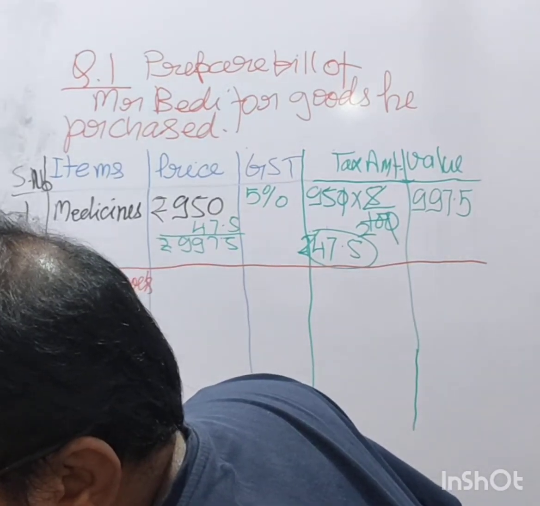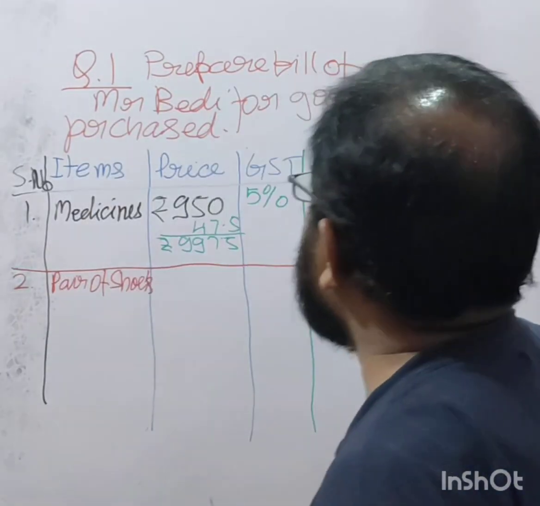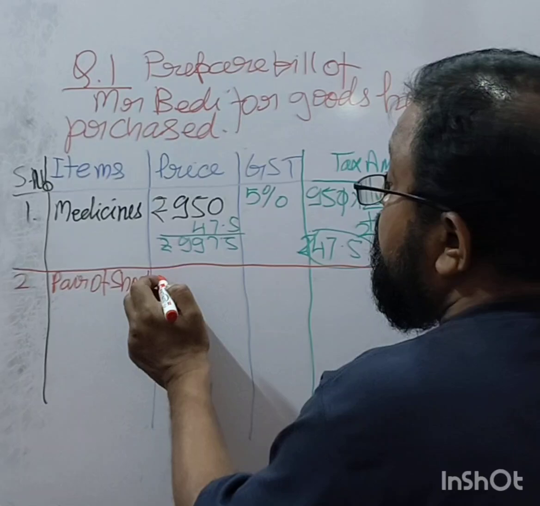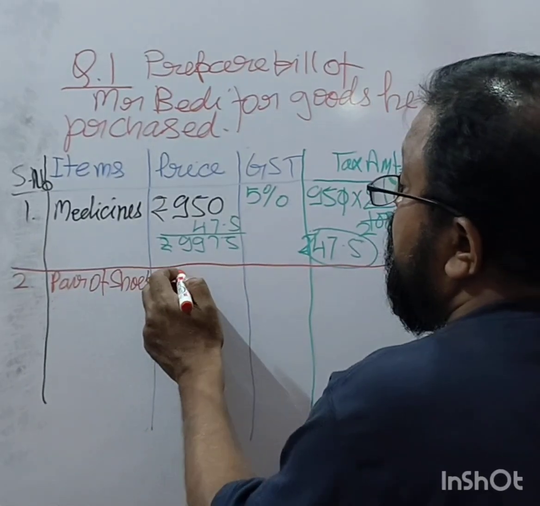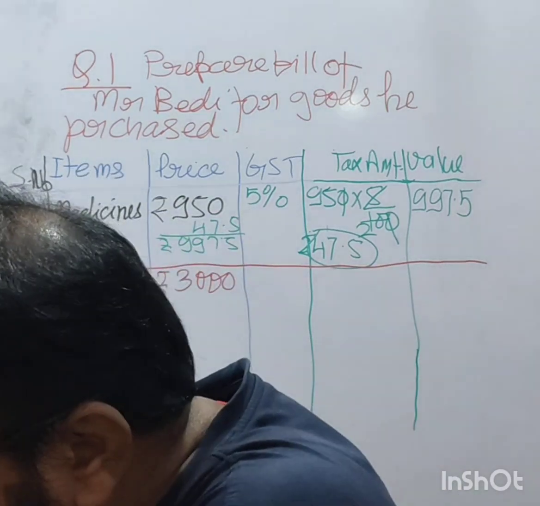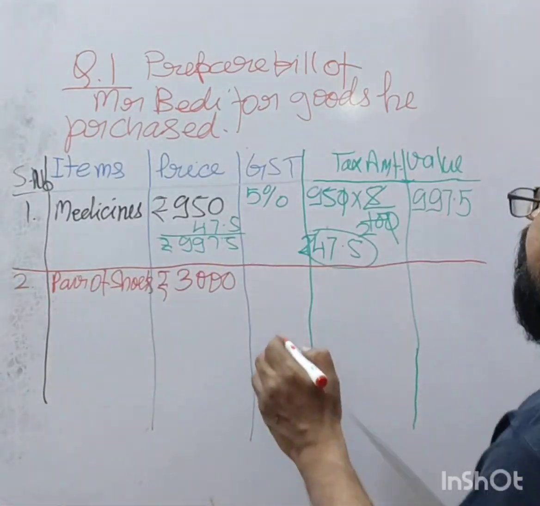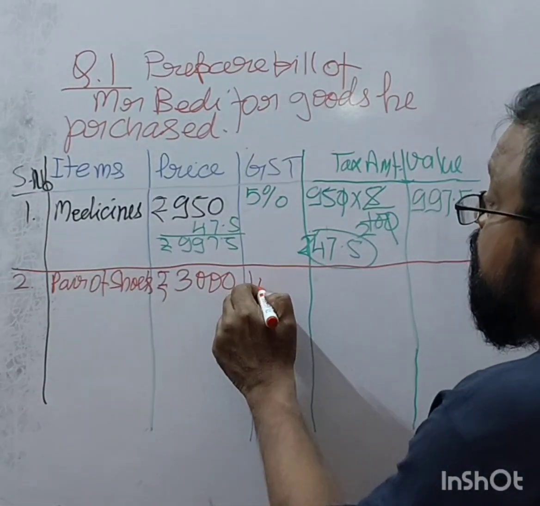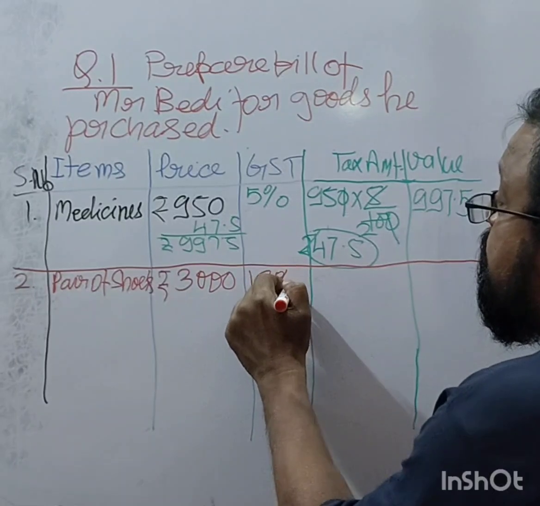Pair of shoes, that is 3,000 rupees, and GST paid is 18%.